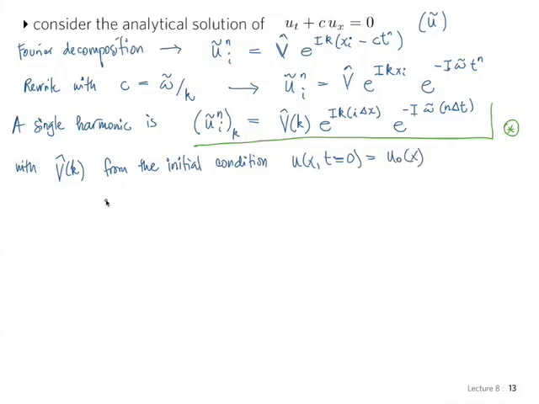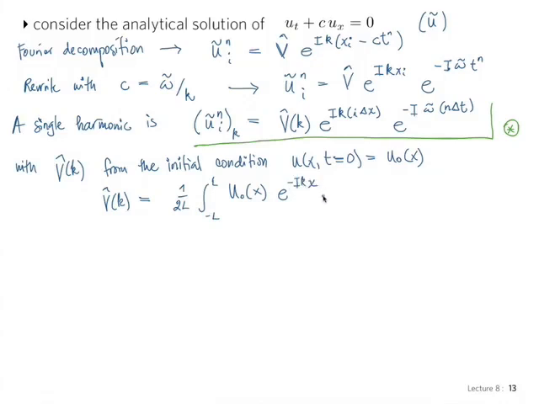And so with that, v hat k is equal to, remember we're looking at a finite domain between minus L and L. We assume periodicity of our solution for this analysis, and we continue to do so. This is the initial condition, e to the minus I kx dx.